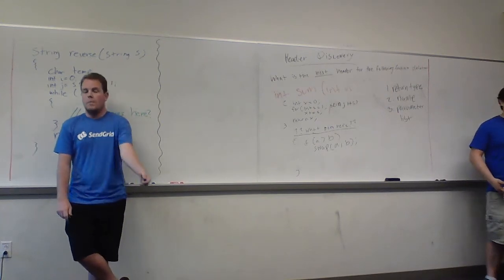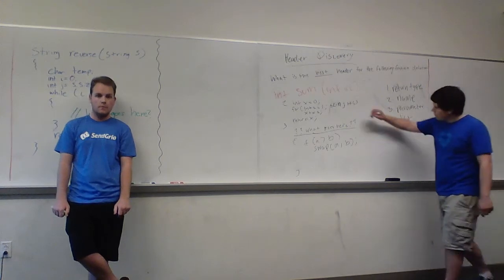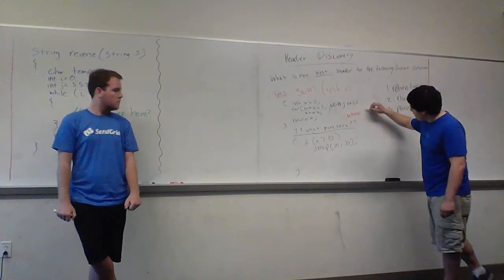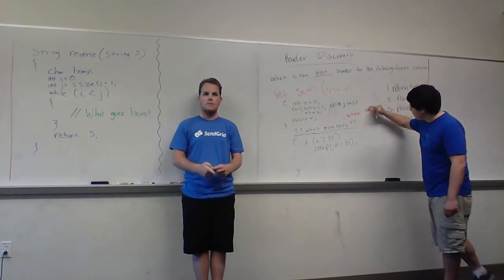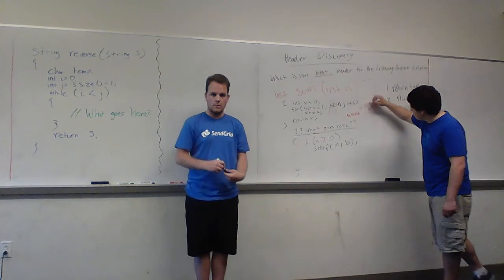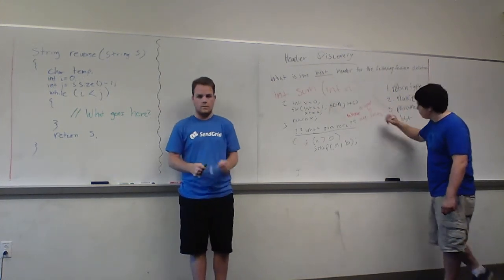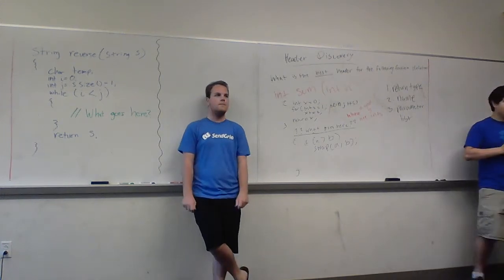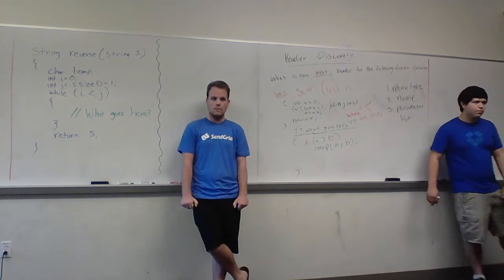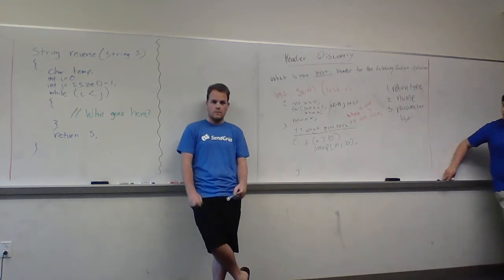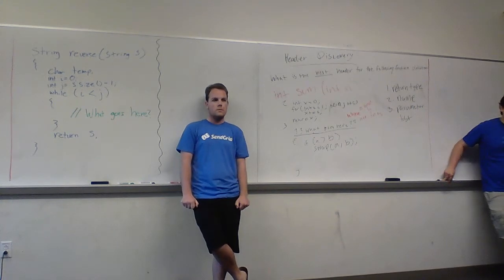I'm going to make it easier and just say that A and B are integers. But are they just ints? Is the parameter list just ints?